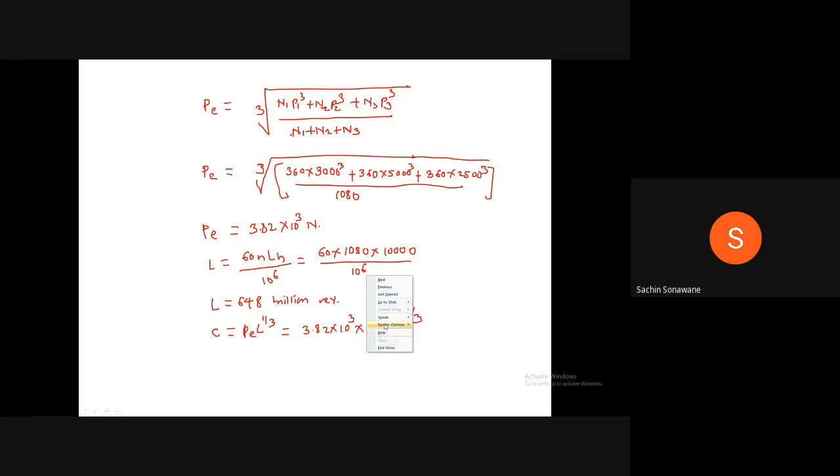Here bracket should be there. Therefore, please calculate what is C, dynamic load capacity. 33.05 into 10 raised to 3 Newton. Therefore, this is the dynamic load capacity.